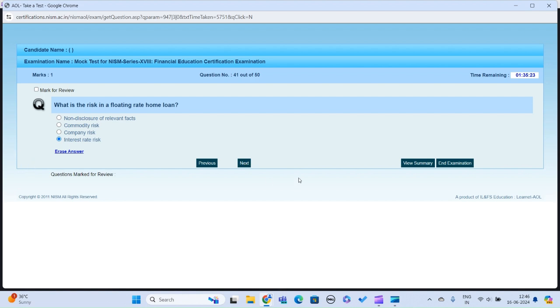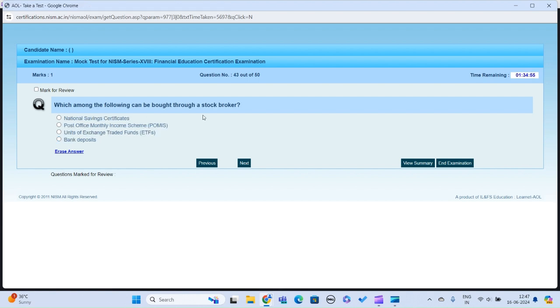So this should be interest rate risk. In an immediate annuity, the annuity payments start immediately at the policy maturity or the vesting date, the date on which it is supposed to start. Vesting date should be the right answer.